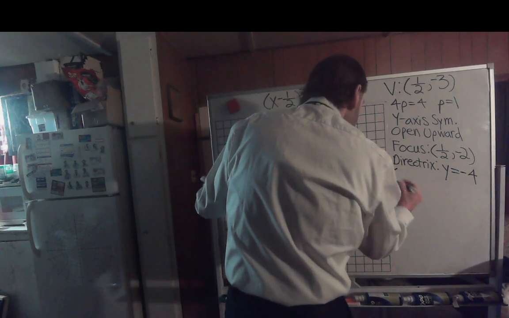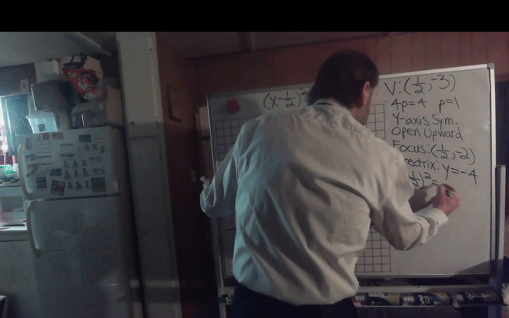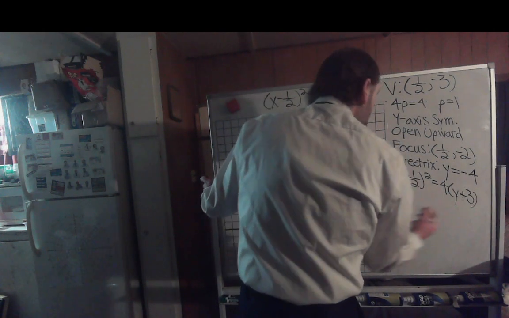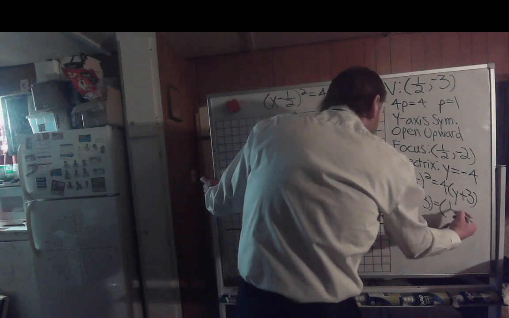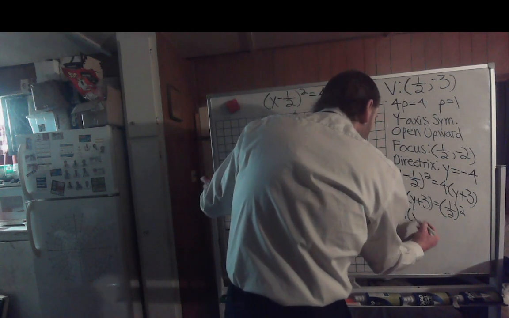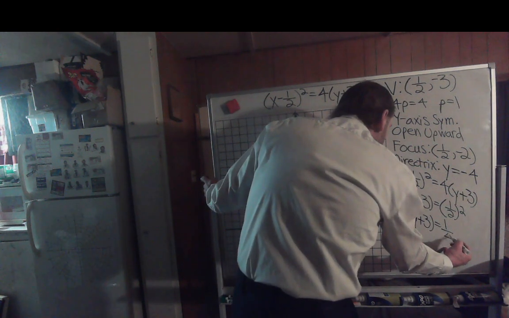So you would get (1 minus 1/2) squared equals 4 times (y plus 3). Alright, so that would give you 4 times (y plus 3) equals (1/2) squared, which means 4 times (y plus 3) equals 1/4.